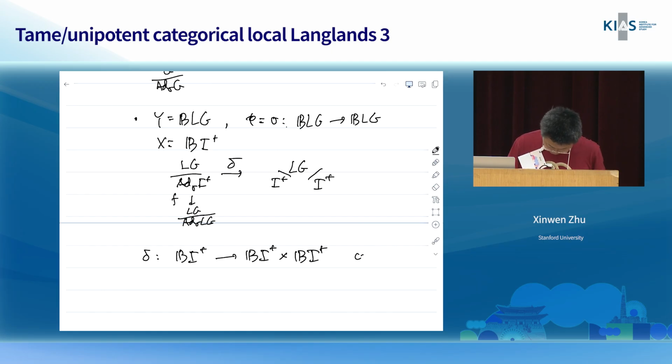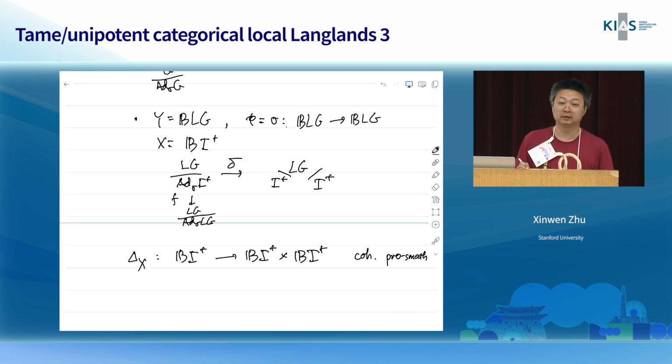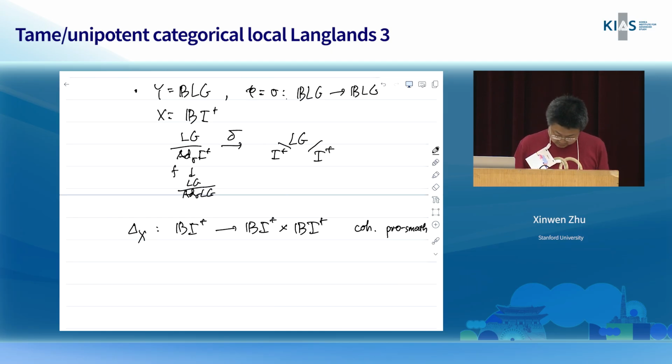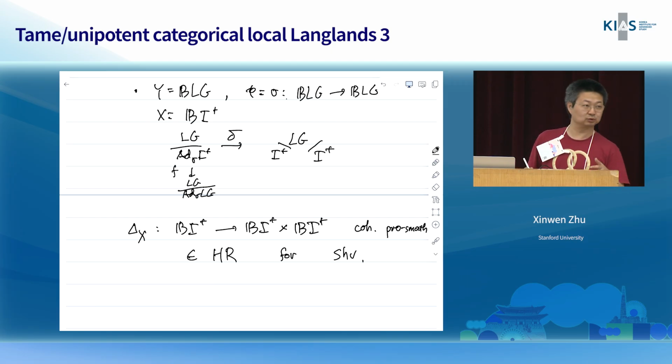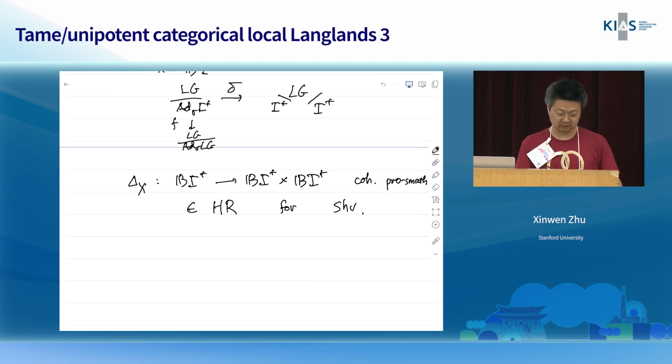This delta is cohomologically pro-smooth, because the fibers are like I plus, a smooth group, and this turns out to be in the shriek formalism for the sheaf theory. One of course needs to prove something to say this is okay, but it's indeed okay.